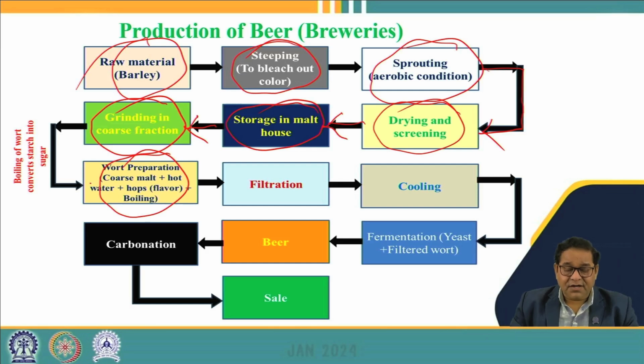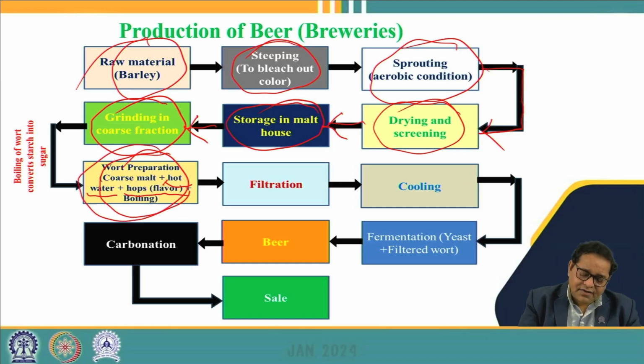Here we add the ground coarse fractions of sprouts, or malt, and mix in a lot of hot water. For flavor, we add certain plants, hops and herbs, and then the entire wort has to be boiled.